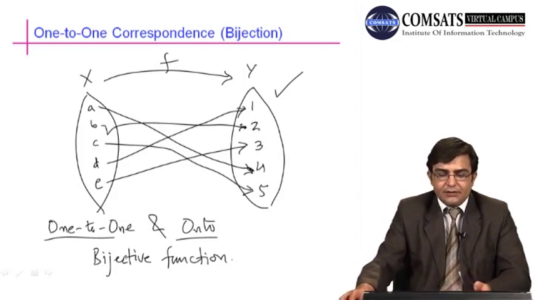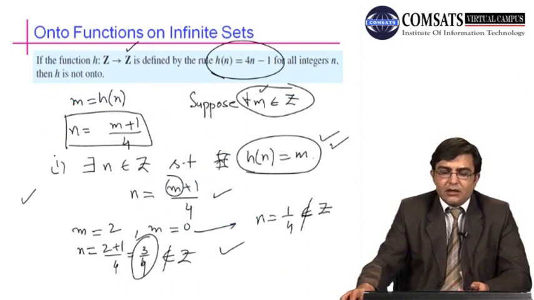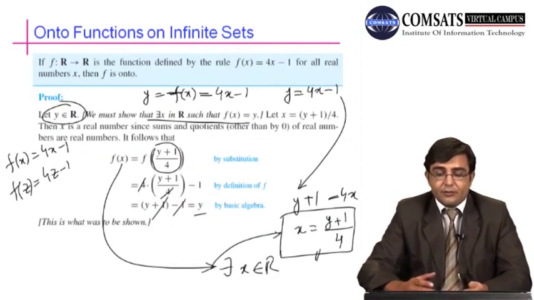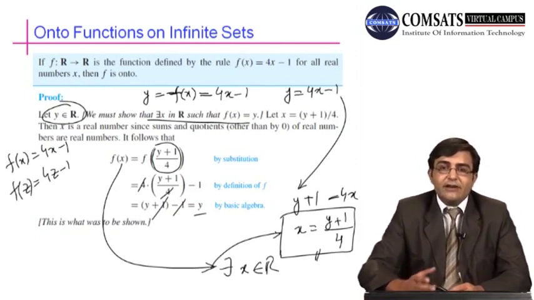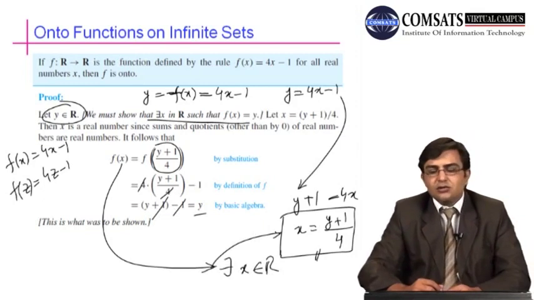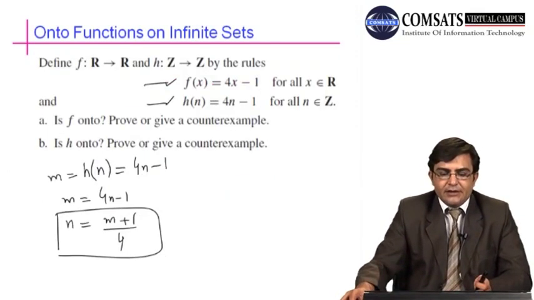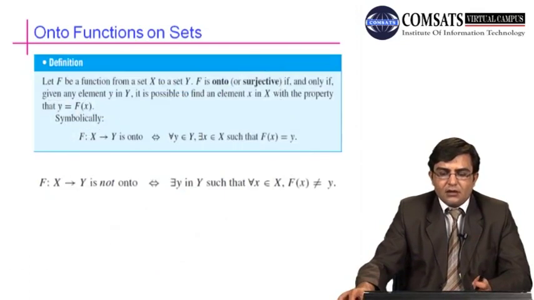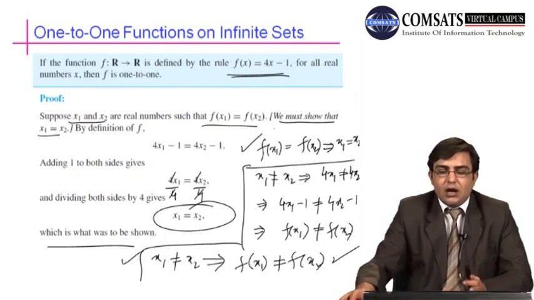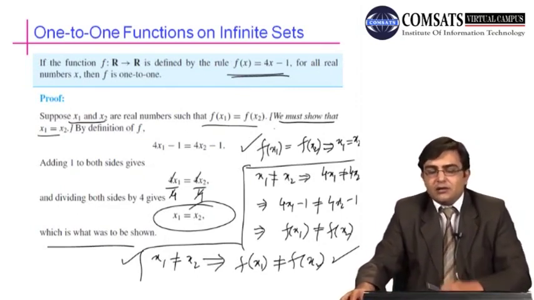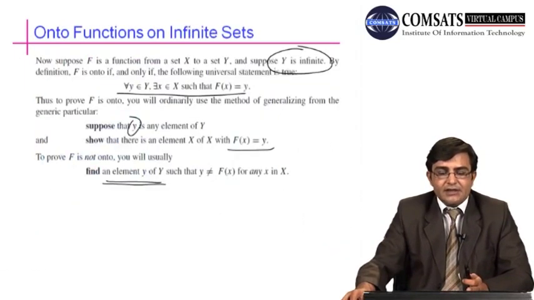In the previous examples we proved that this function is one-to-one and that f is onto. We have proved this function is one-to-one from R to R. This is an example of an infinite function which is a bijective function.